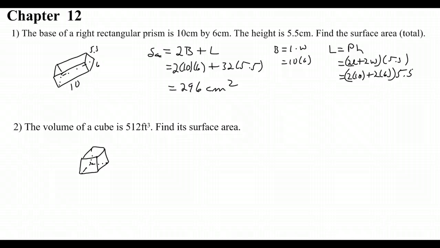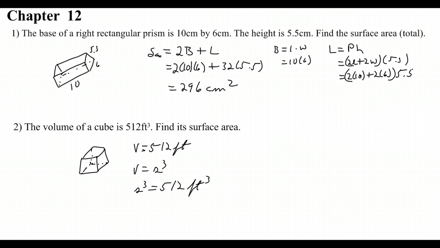And so if the volume is 512 cubic feet, we know that volume is S cubed, so S cubed is 512 cubic feet. So S would be the cube root of 512, and so it turns out that S is equal to 8. So if the side is 8 feet, let's continue along.